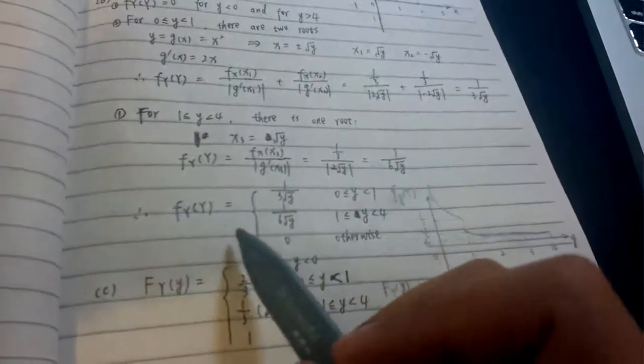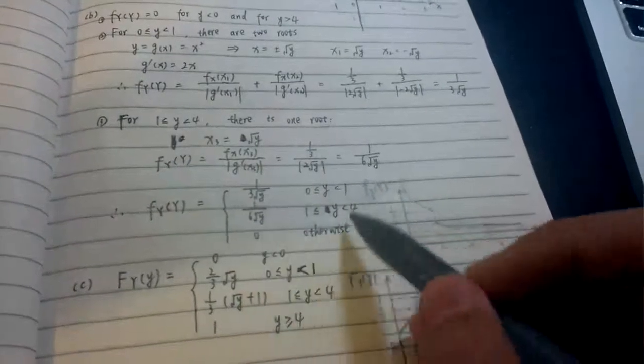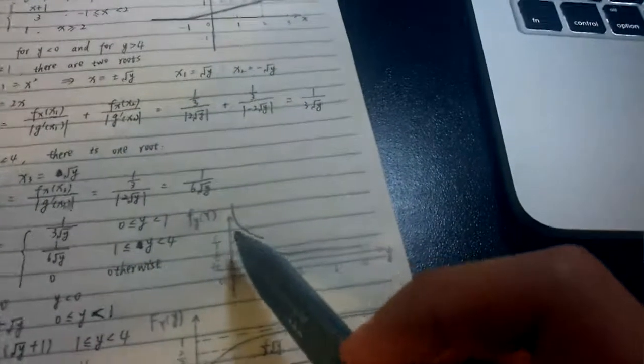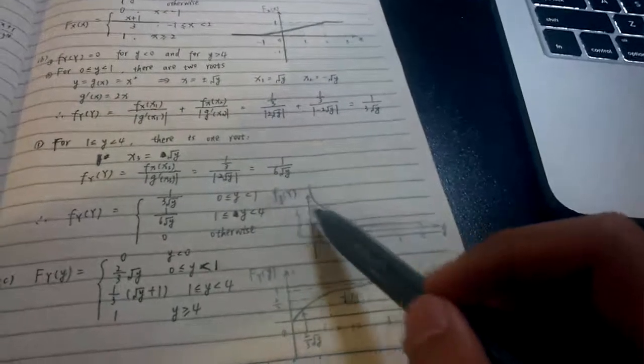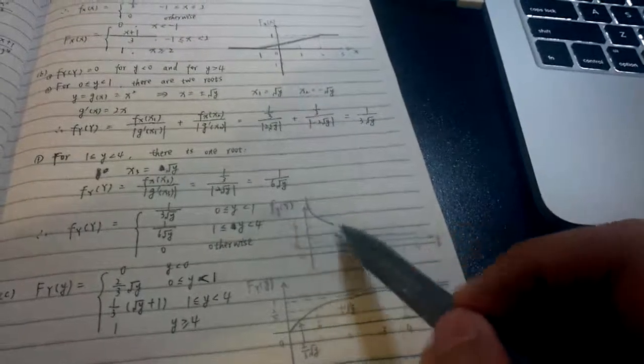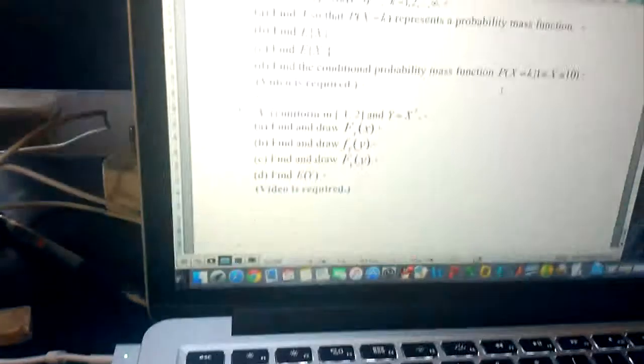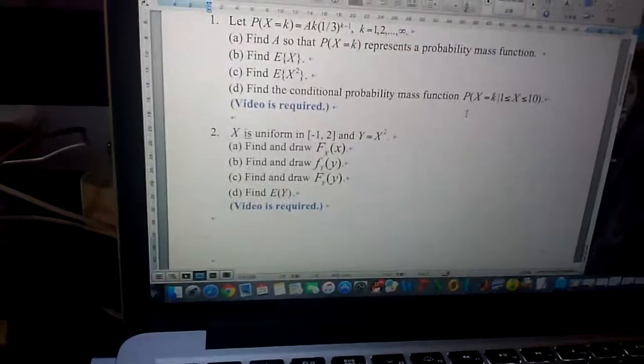So we can get the conclusion that f_Y has 3 parts. Drawing f_Y, the image is like this. This is 2 parts, and the other part is 0.